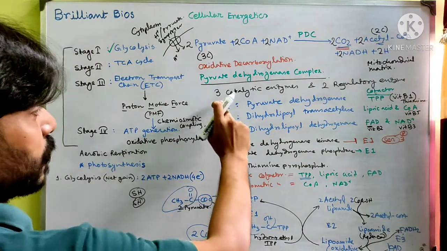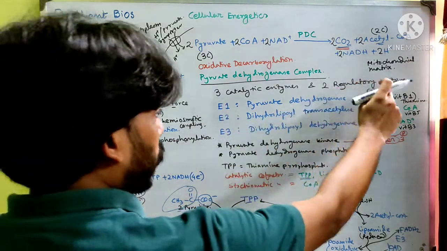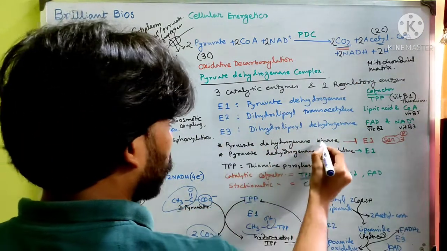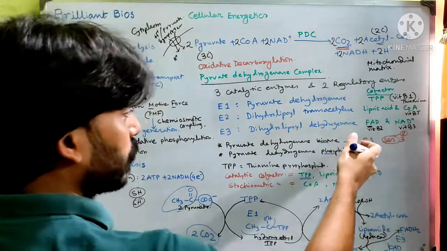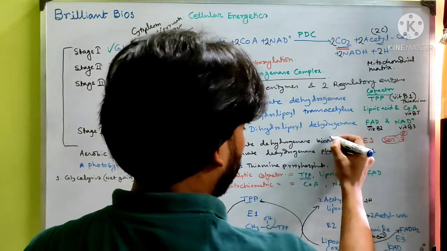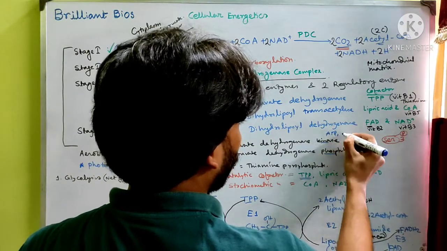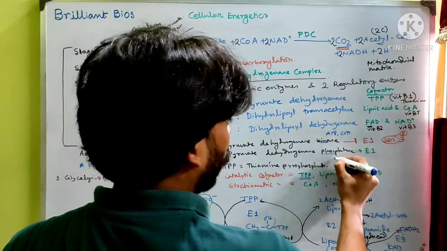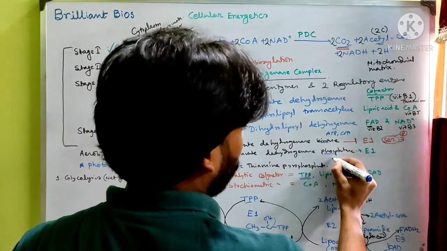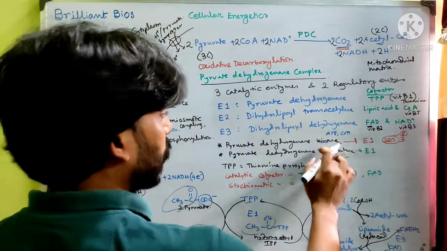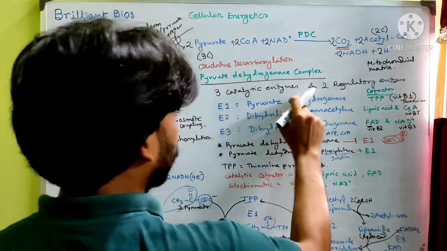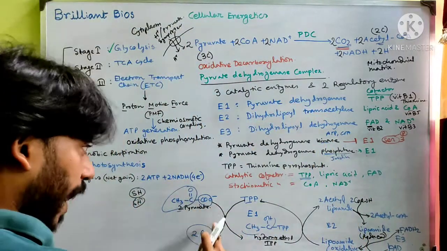So these are the 3 catalytic enzymes, and regulatory enzymes. You know that kinase inhibits and phosphatase activates. How does this kinase inhibit? Because this kinase gets activated by ATP and coenzyme A, and the phosphatase is activated by insulin. By this way, the phosphatase activates this enzyme, and the reaction takes place.